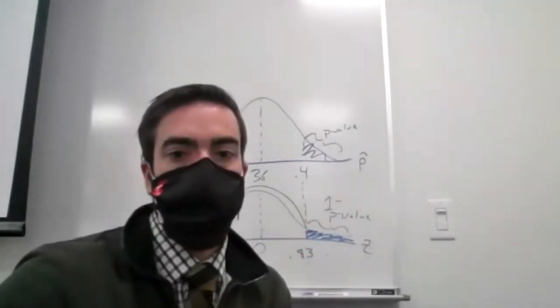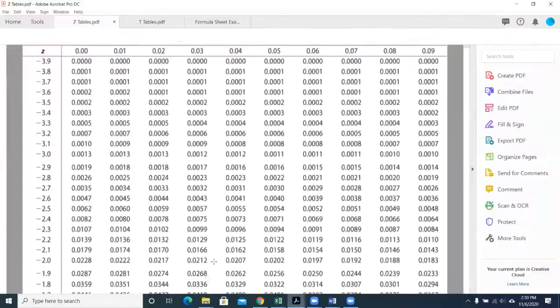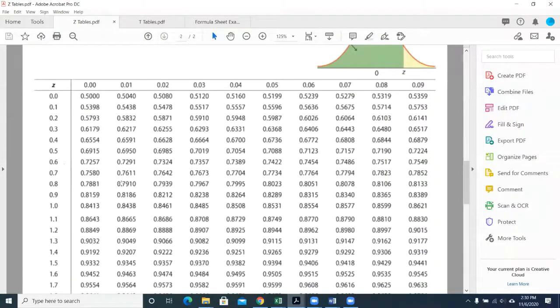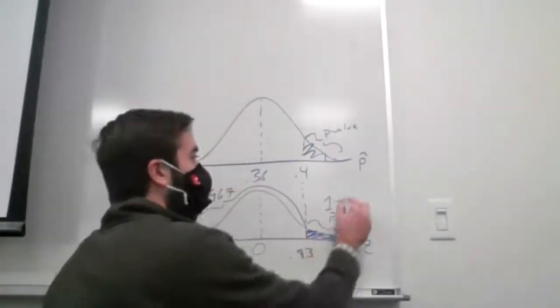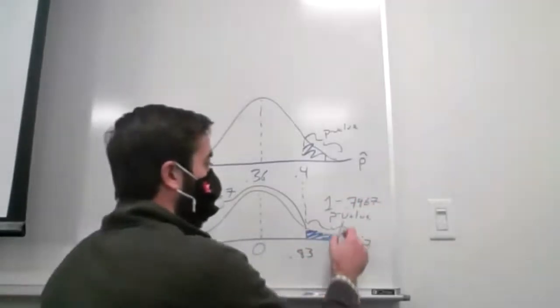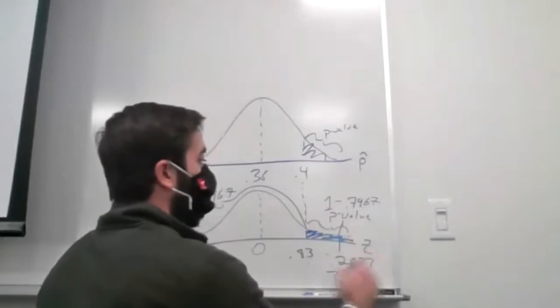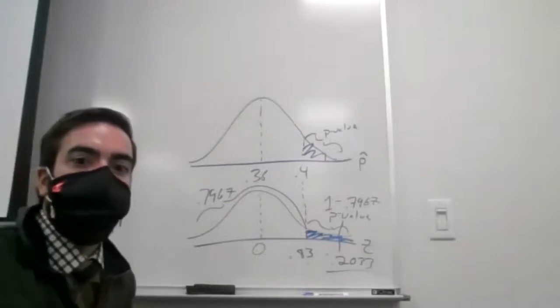So I go to my standard normal table and look up 0.83. The area to the left is 0.7967. I wanted the area to the right, so my p-value is 0.2033.